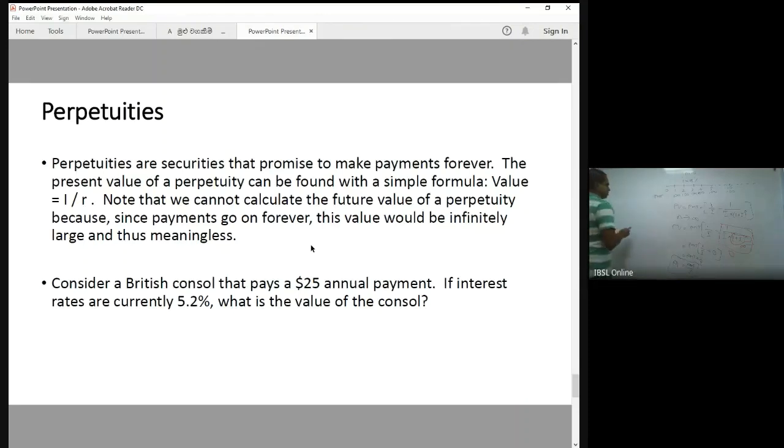Very simple. The present value is future value divided by the interest rate. Sorry, is that what am I saying?